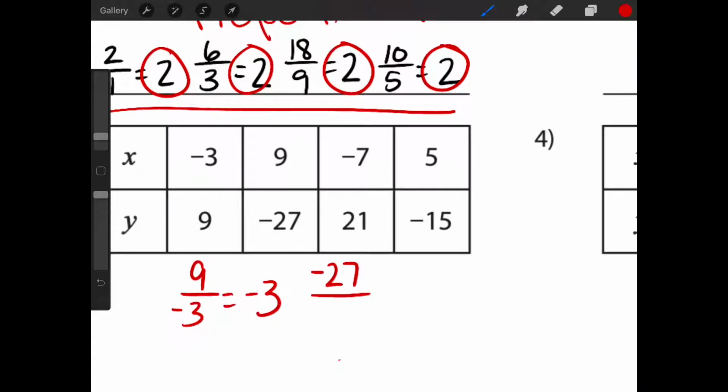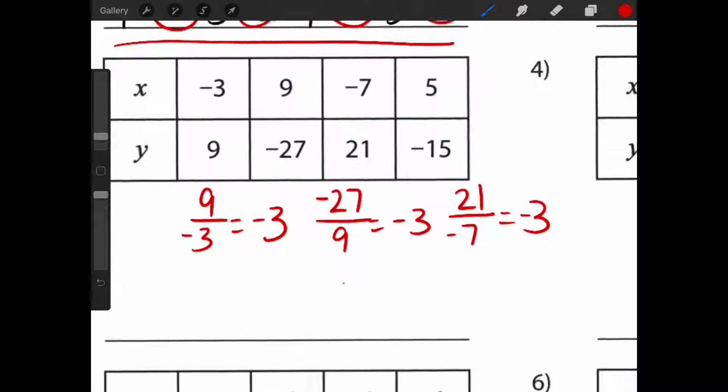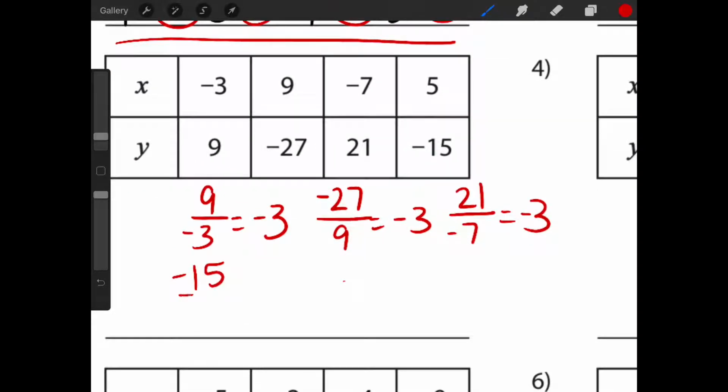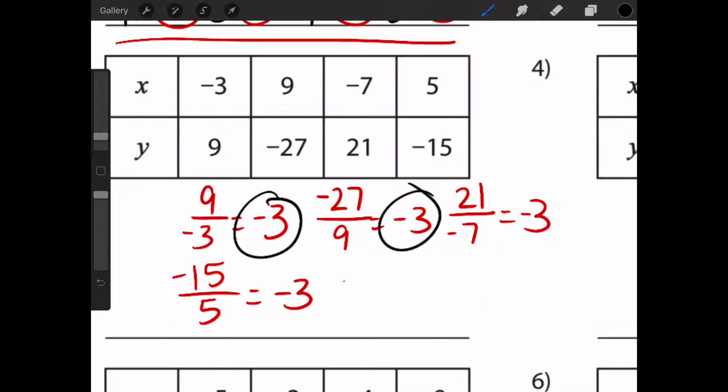Negative 27 divided by 9 equals negative 3. 21 divided by negative 7 equals negative 3. And my last one, negative 15 divided by 5 equals negative 3. So here we've got negative 3, negative 3, negative 3, negative 3. There is a constant of proportionality across the entire table, so this is proportional.